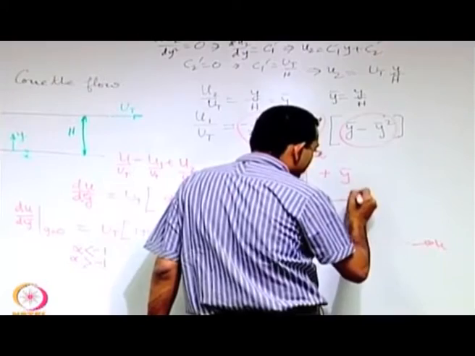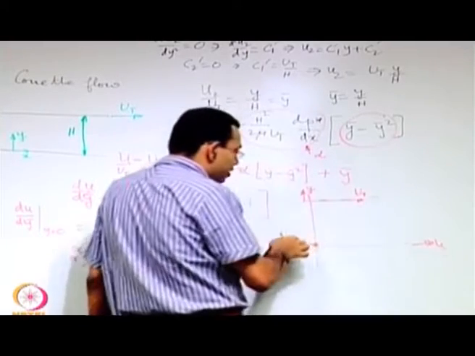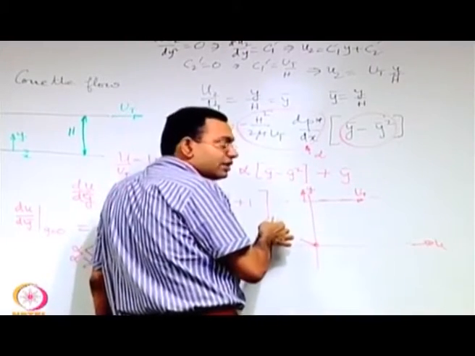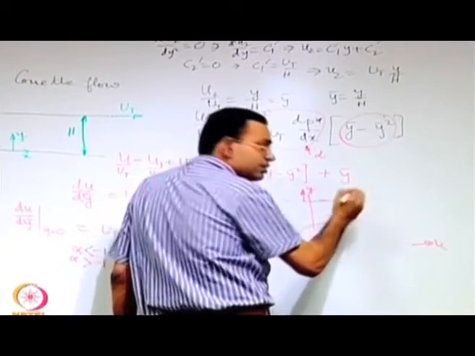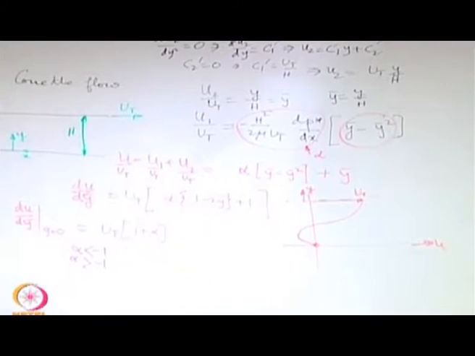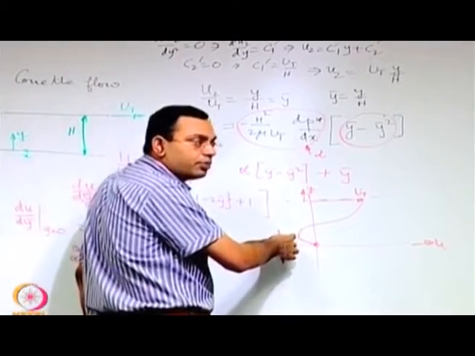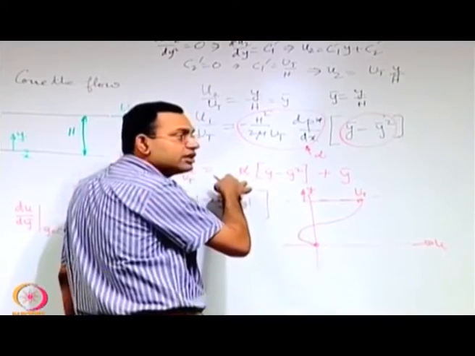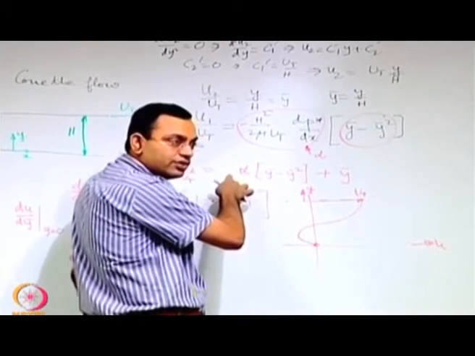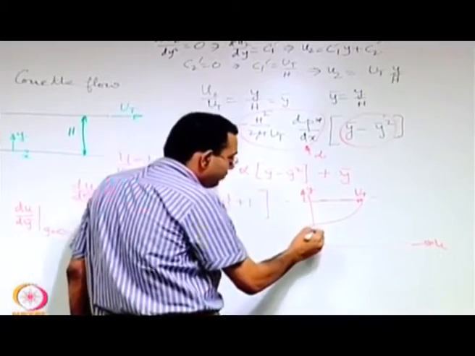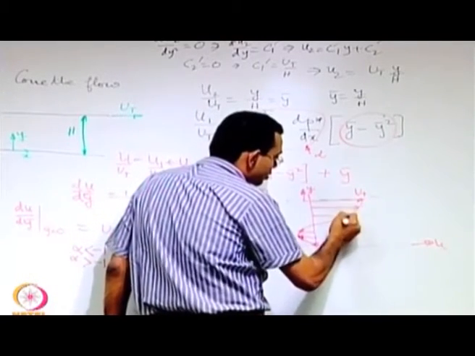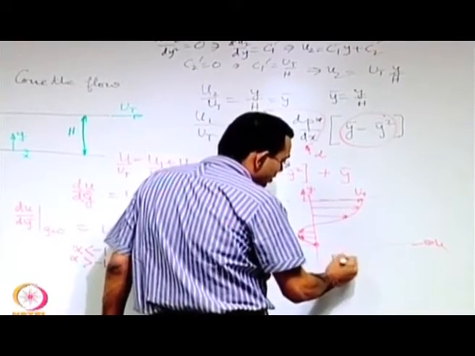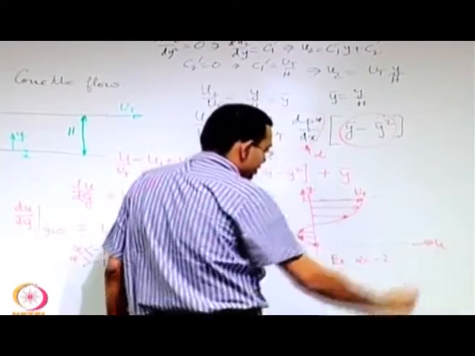So somehow this started with a negativity, but it has to match with ut here, so it must somehow cross this axis. In the process it will have a sort of minima at a point, which you can easily find out by differentiating u with respect to y and setting it to 0. So you are having a case where you may have a sort of backflow. This is an example with alpha equal to minus 2.